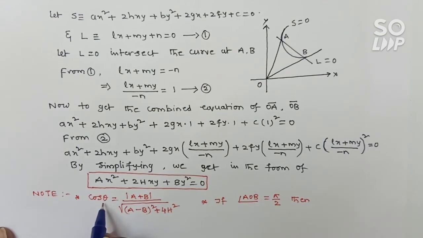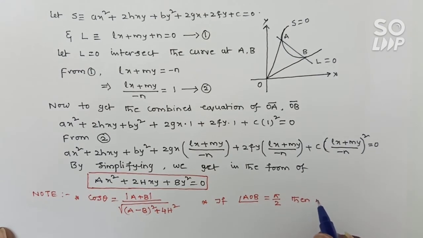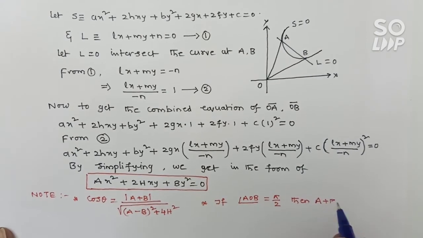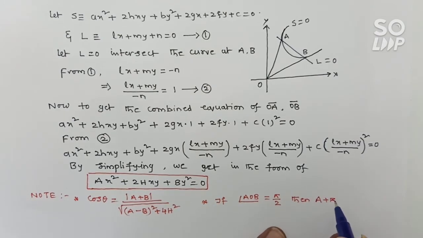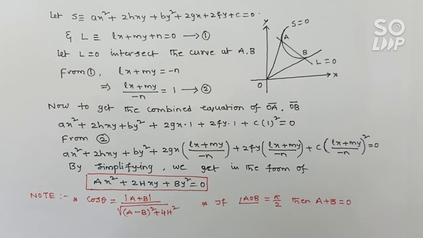Here theta is equal to 90, and cos 90 is equal to 0, so by cross multiplying, a plus b is equal to 0. So a plus b means the sum of the x square and y square coefficients will be 0. So these 2 points are the very most important points.